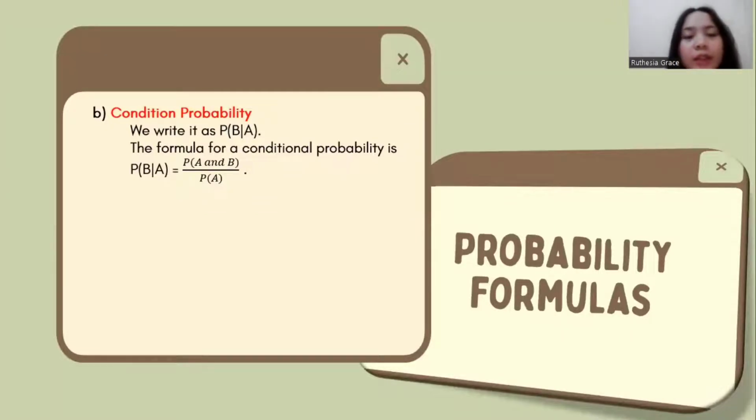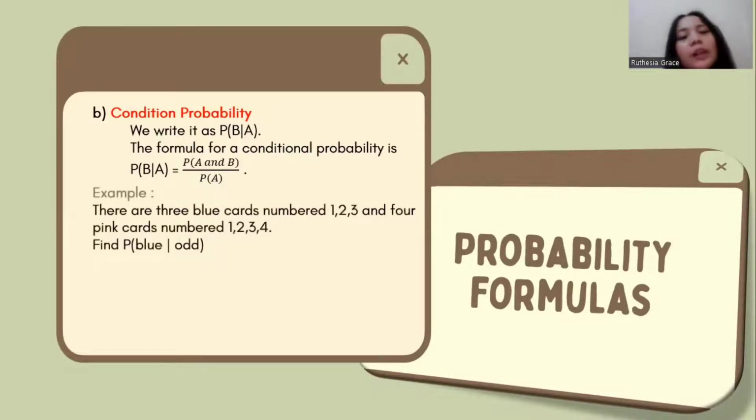And next we have conditional probability. We write it as probability of B given A. The formula for a conditional probability is probability of B given A is equal to probability of A and B over probability of A. For example, there are 3 blue cards numbered 1, 2, 3 and 4 pink cards numbered 1, 2, 3, 4. And the question is, find the probability of blue given odd.